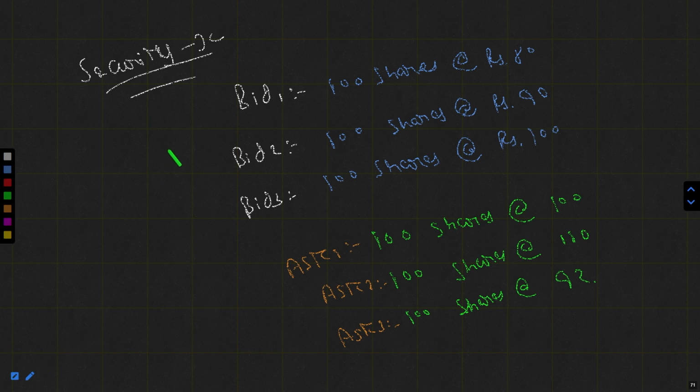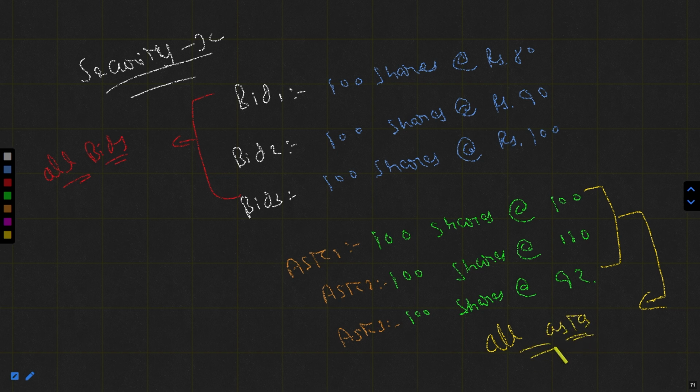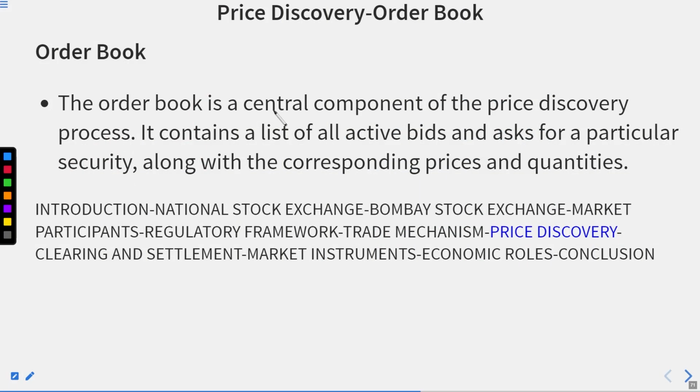Now you can see there are all bids and all asks. It's a central component containing a list of all active bids and asks for a particular security along with the corresponding prices and quantities.